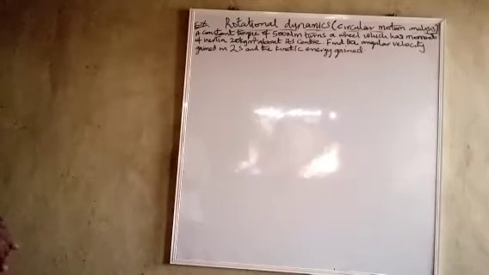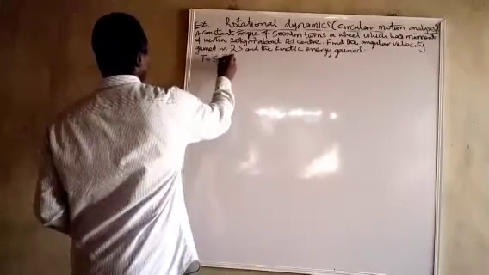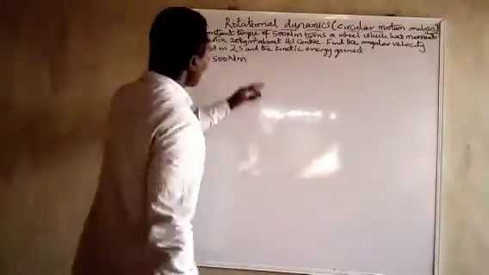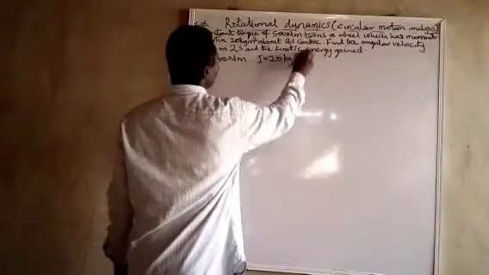A constant torque of 500 Newton meter turns a wheel which has the moment of inertia 20 kg m² about its center. Find the angular velocity gained in 2 seconds and the kinetic energy gained. So we have this information. Torque is equal to 500 Newton meter, and the moment of inertia is equal to 20 kg m².